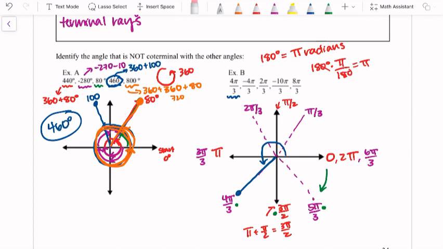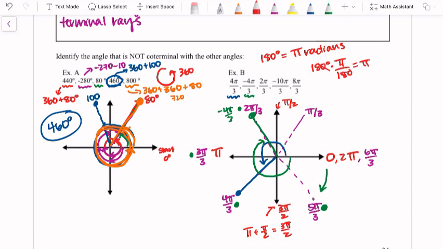Nope, that is not 2 pi over 3, that's 3 pi over 2. Hopefully you caught that. Okay, 1 pi over 3 is here, 2 pi over 3, 3 pi over 3, and so here this is negative 4 pi over 3. So we went around to here. I can already tell that one of these is not going to be coterminal. We just need to see where the other ones end up.